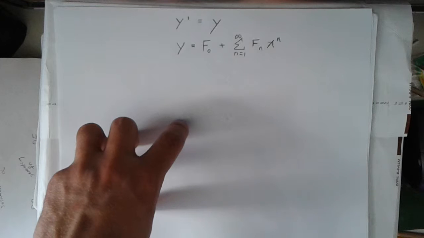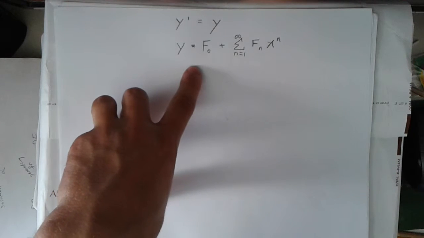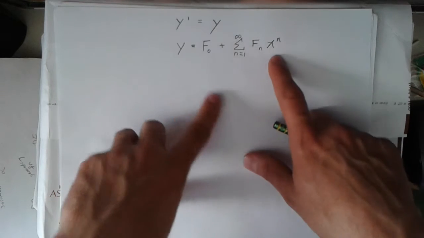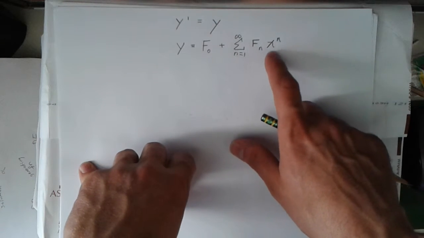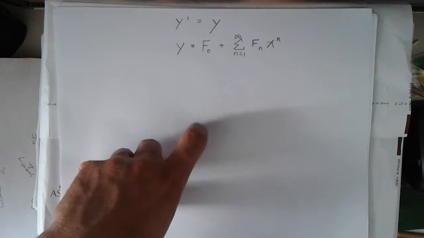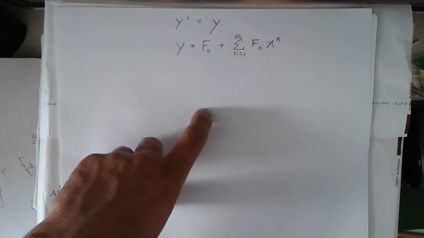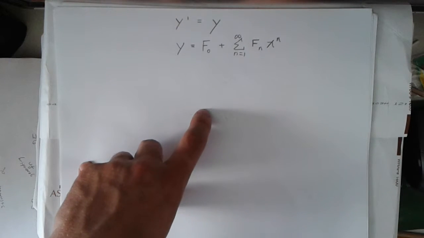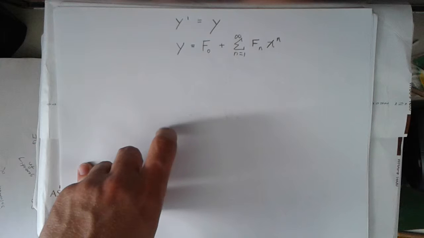And so we are making an assumption here. I think we're assuming that y is an analytic function around 0, since this is a power series centered at 0. It's x minus 0 here. But that's not a very big assumption, and it's a pretty good assumption. It works for a lot of different differential equations.